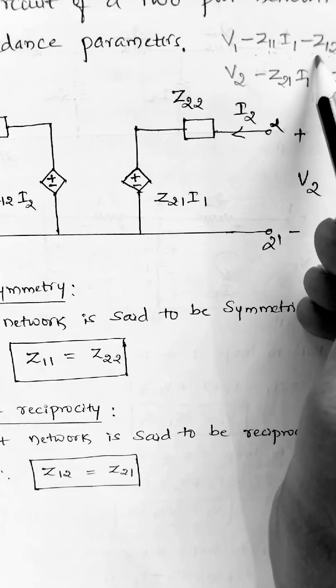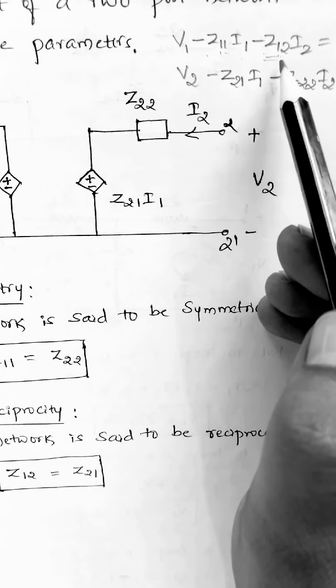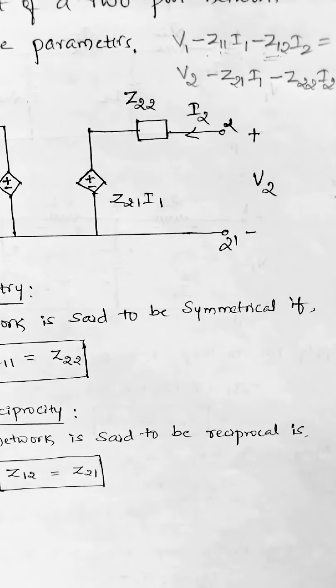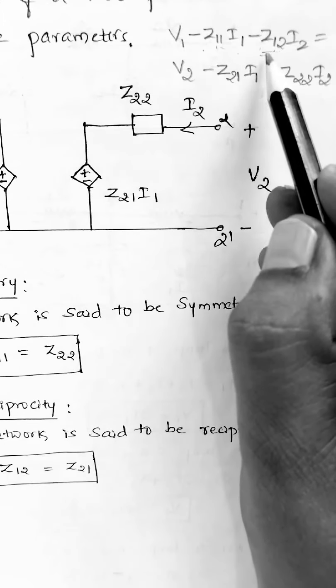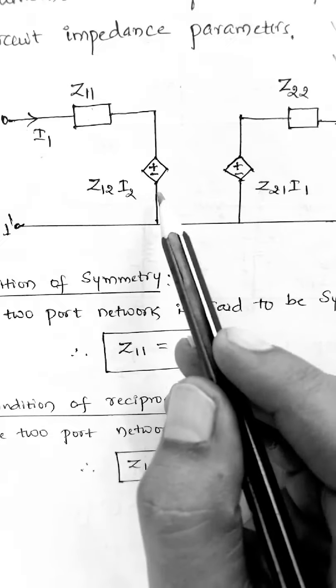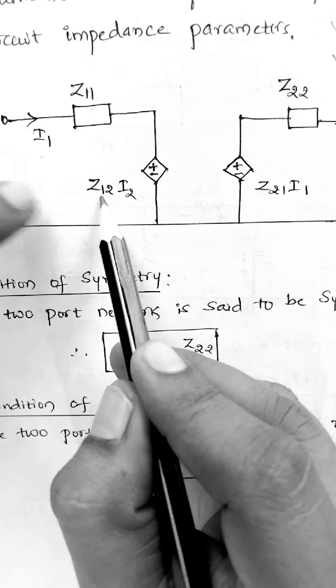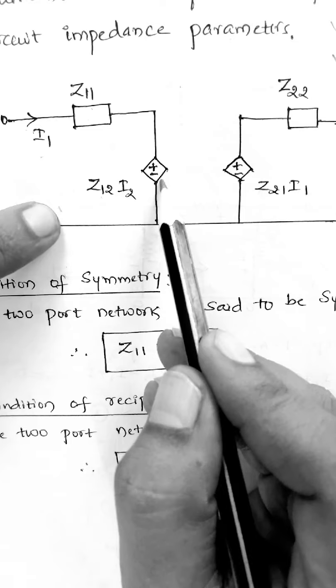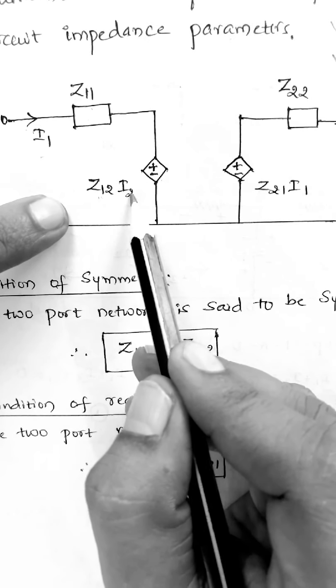So Z12 acts as a dependent voltage source, which we represent as Z12 into I2.